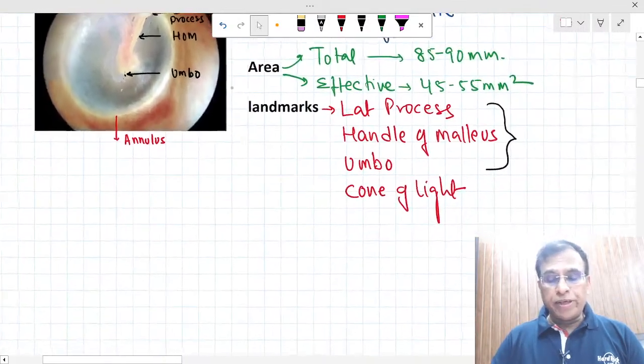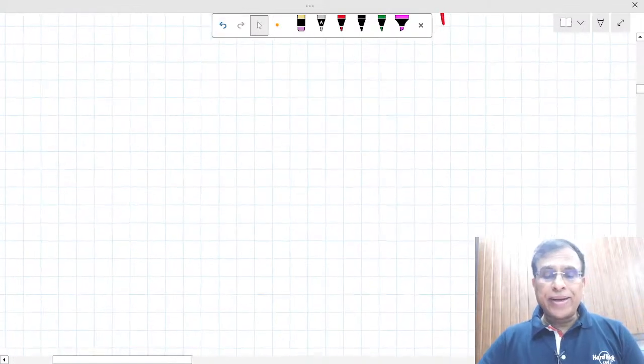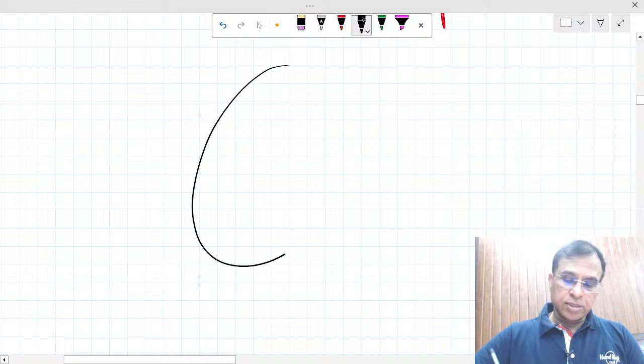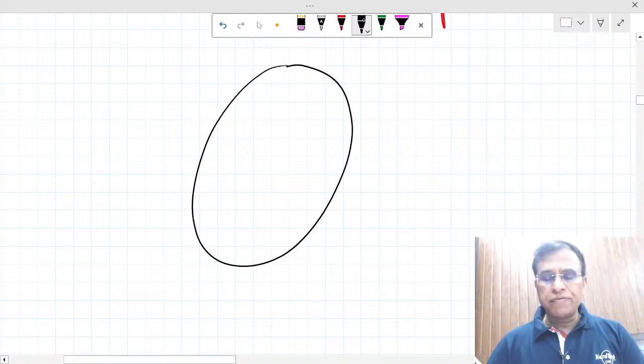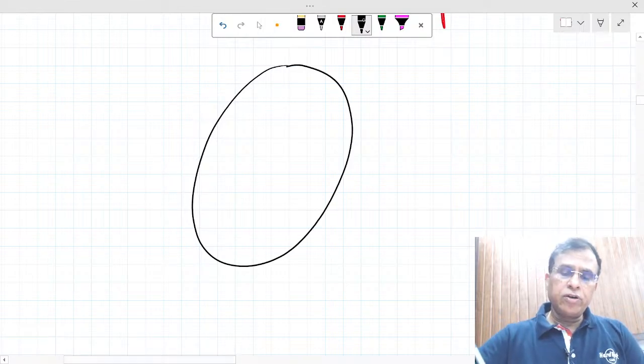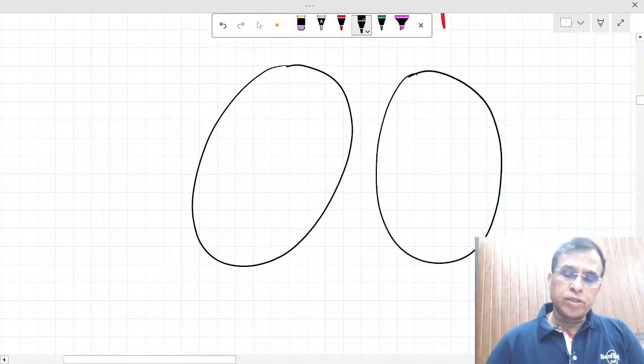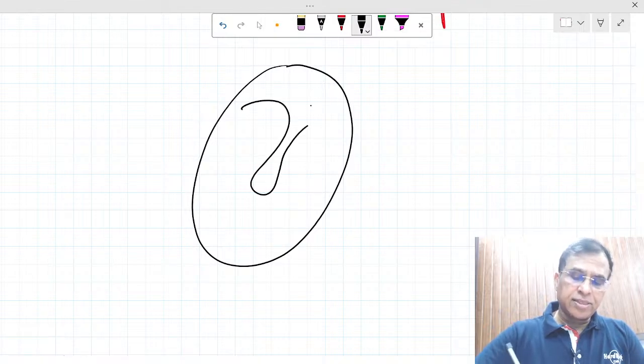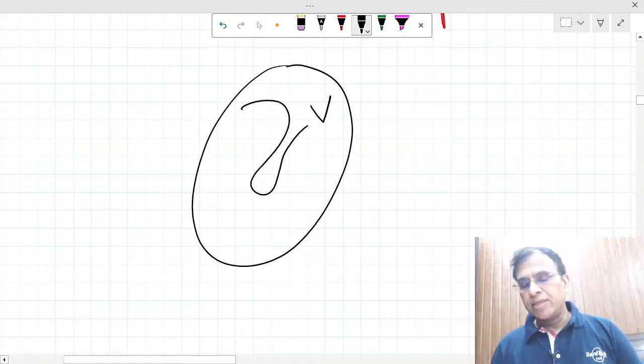But now we come to the main thing. Now when I draw the tympanic membrane, oval shape, I draw it like this, roughly. We never draw the tympanic membrane straight like this, straight oval. This is a wrong diagram. We always draw it at an angle like this. And let's say this is the handle of malleus, this is the lateral process.